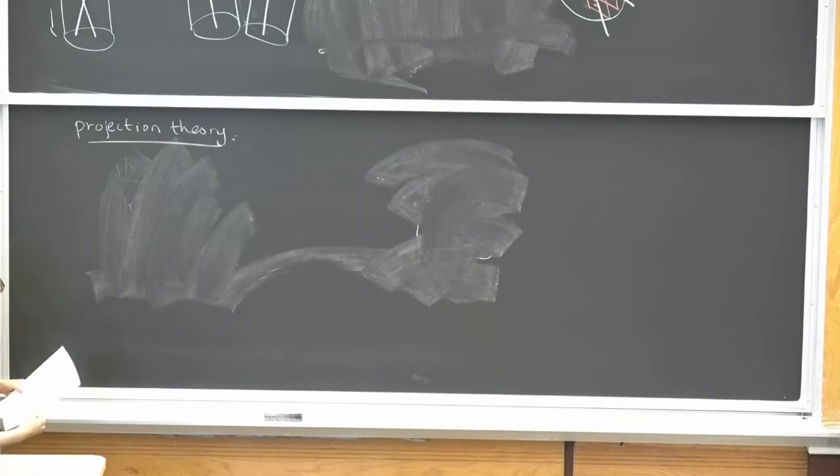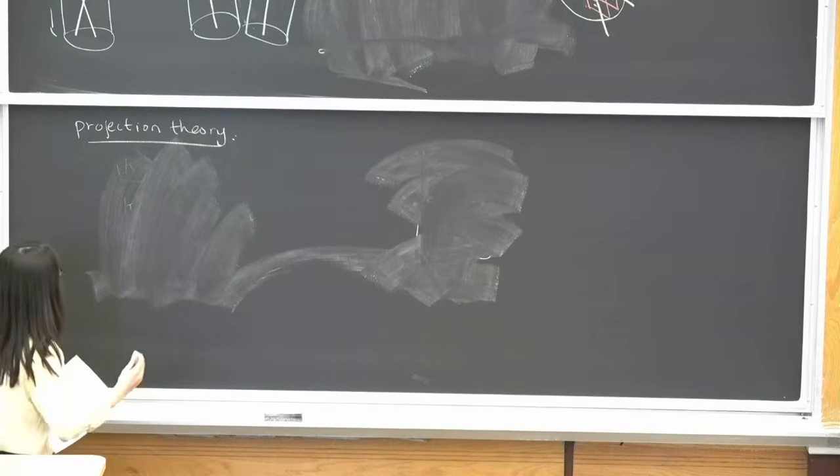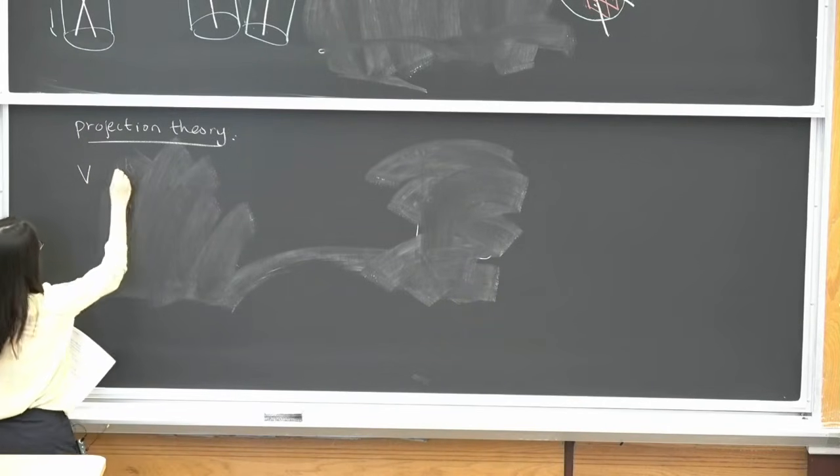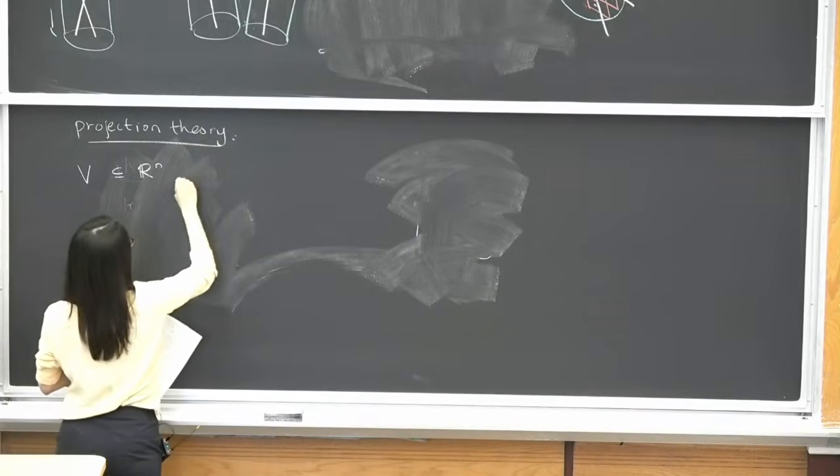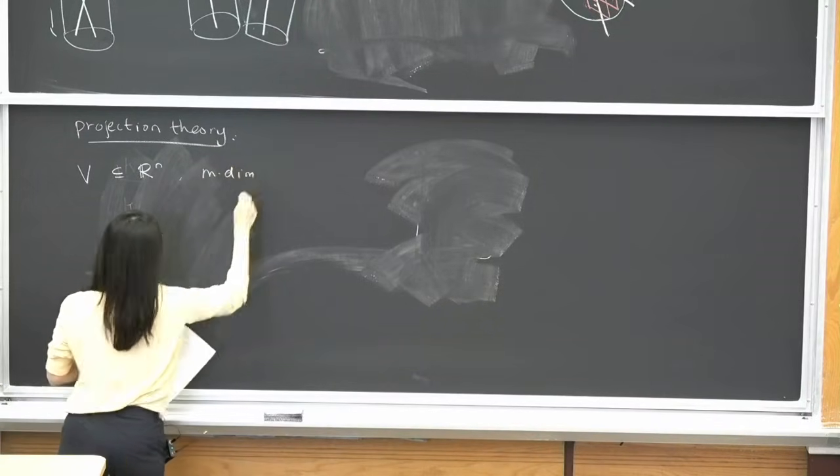That's projection theory. Say we have a subspace in Rn. Let's say V is an m-dimensional subspace.